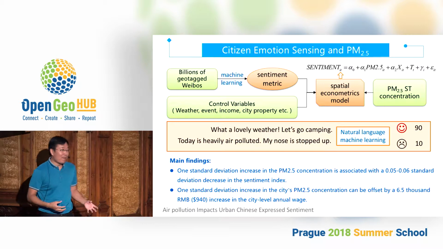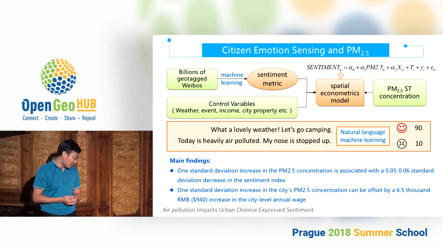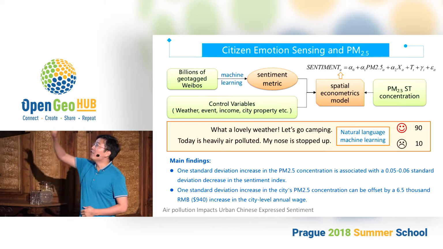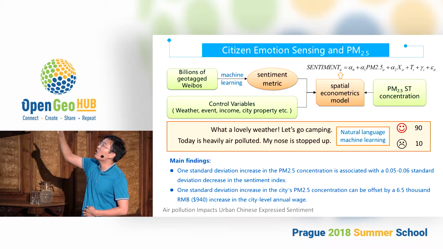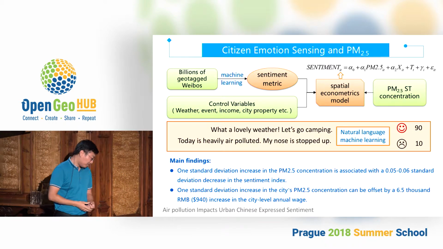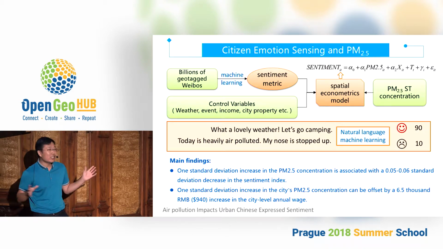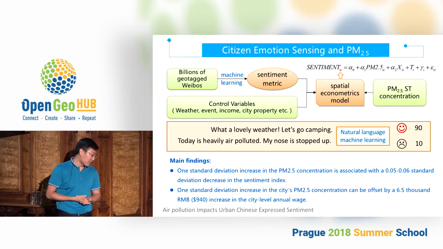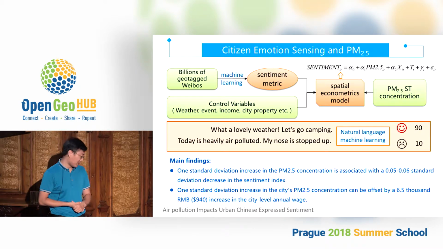If we have billions of such posts, after controlling for other factors that may affect human expressed sentiment, like the weather, events, income, and city properties, we can finally distinguish the relationship between how PM 2.5 concentration affects citizens' emotions.